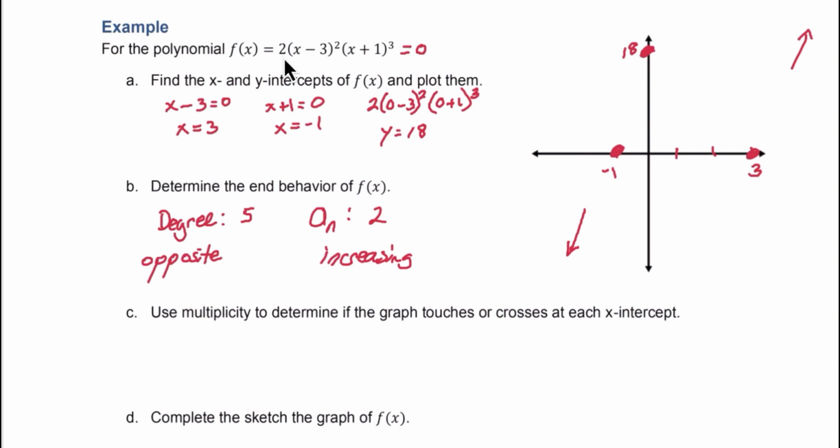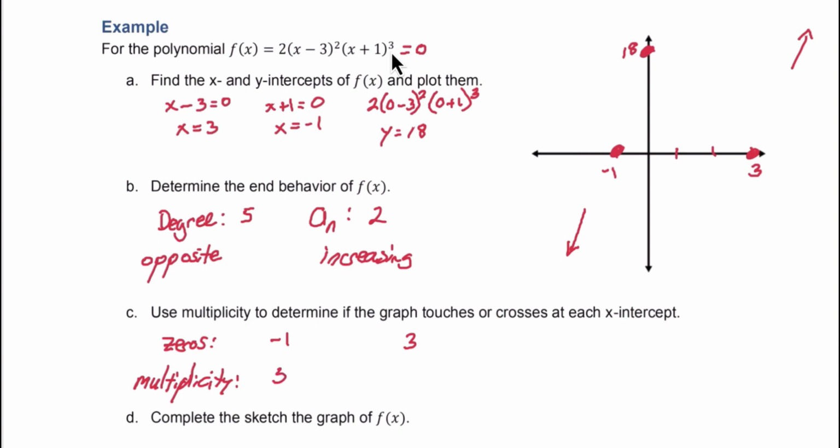For multiplicity, we start by looking at the zeros, and we can use the zeros of -1 and 3 to find their multiplicity. The first zero, -1, is generated by this factor, which has a power or multiplicity of 3.